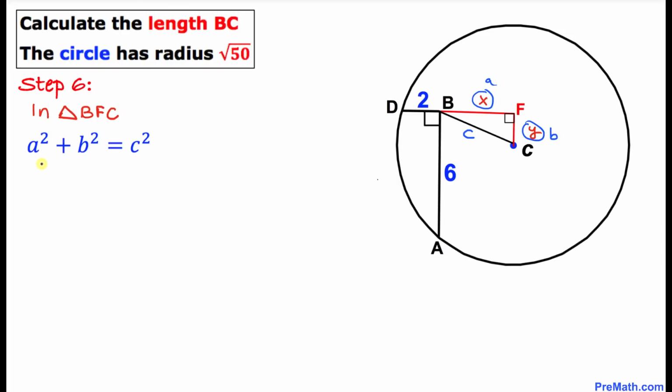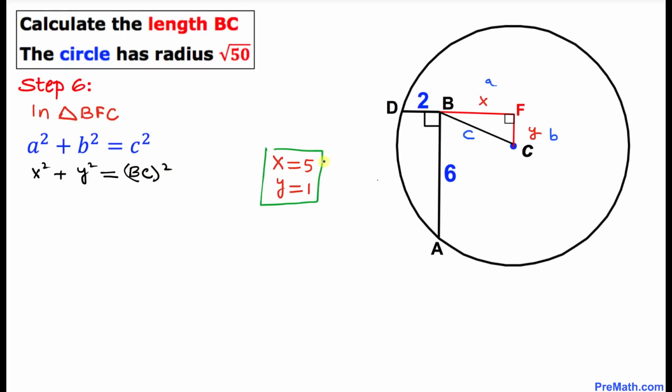So this is going to become x square plus y square equal to, in our case, c is BC, and then square. And we know from the previous step that our x value is 5 and y is 1. Let's go ahead and fill in the blanks. So that's going to become 5 square plus 1 square equal to BC square.